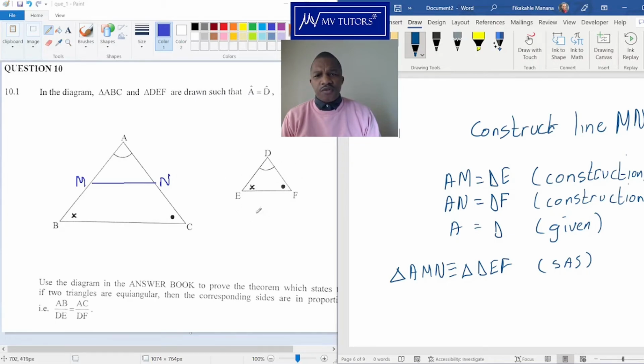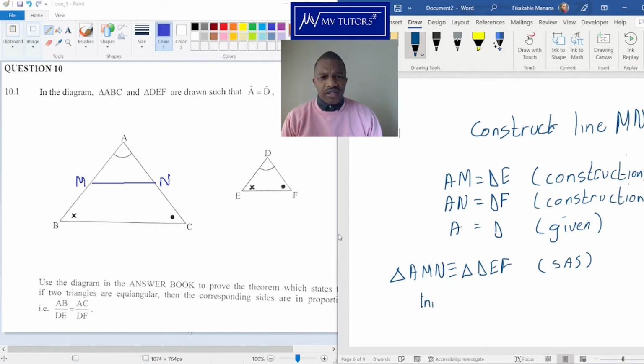Now that we've proven that, we've taken this triangle and put it there. Now let's work with this big triangle. Now we know that angle M, angle E and angle B are equal, right? Let's just start there.